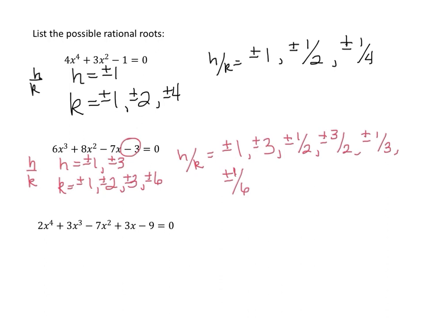We'll take a look at the last one. h will be factors of -9. So we have 1, 3, and 9. k will be factors of 2.